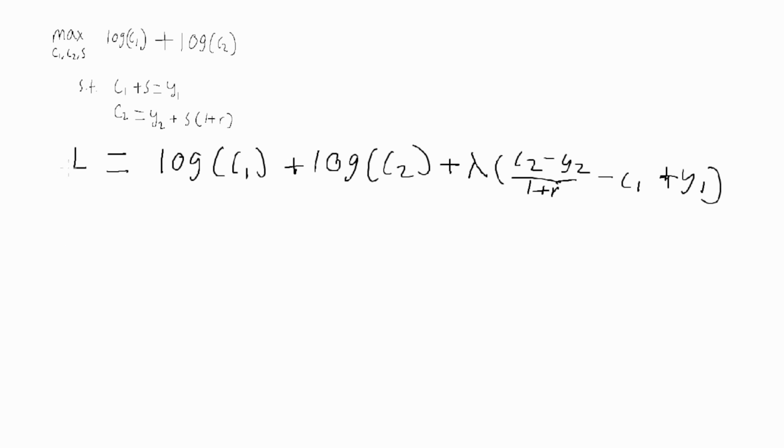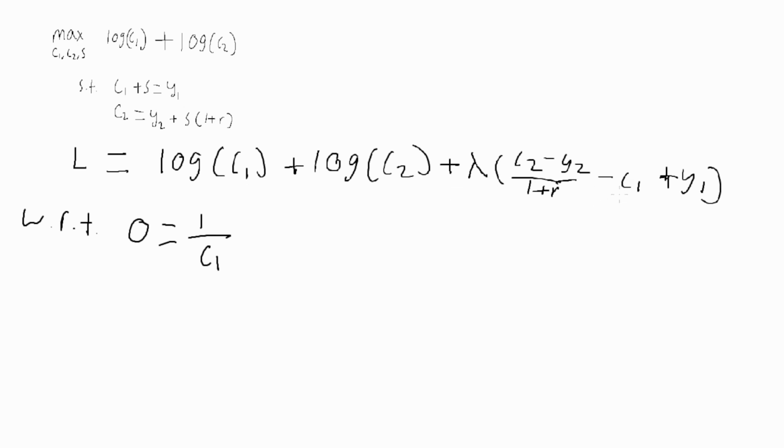Okay, so the next step in solving this model is to differentiate the Lagrangian equation with respect to C1 and C2 in order to get the first order conditions. So first I will differentiate with respect to C1, and that will look like this. 0 is equal to 1 on C1, just using our log differentiation laws.